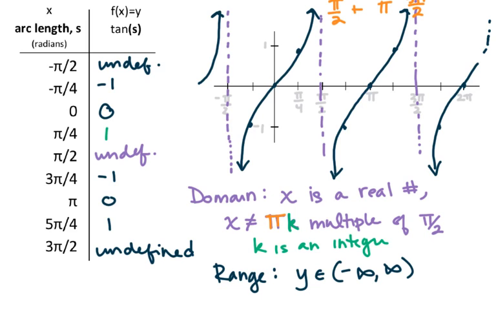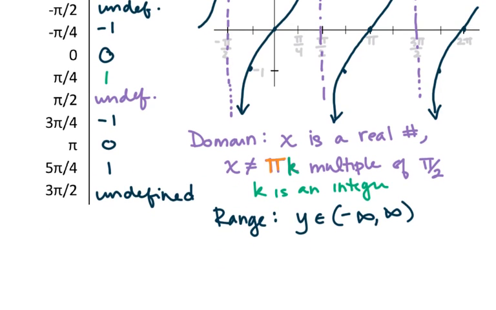And of course, on the first two trig functions, sine and cosine, we had a period. I want you to notice the period for tangent is a little different. The period for tangent is only pi wide. So tangent has a period of pi.